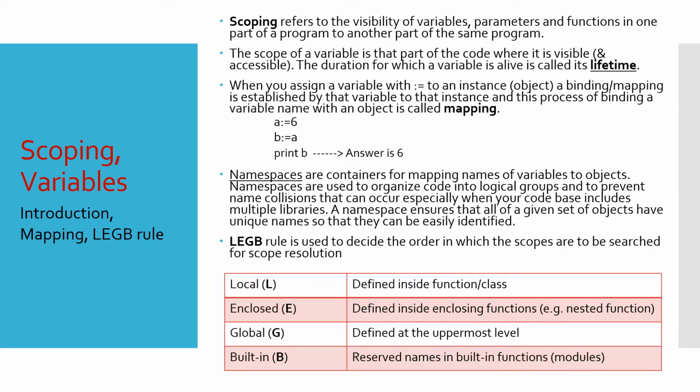So what the namespace beautifully does is it allocates a unique location and space for every variable you declare inside the programming language, and it makes sure there is no confusion when a function is calling a certain variable. It makes sure there is no confusion in giving the right value as well. A namespace also ensures that all of a given set of objects have unique names so that they can be easily identified.